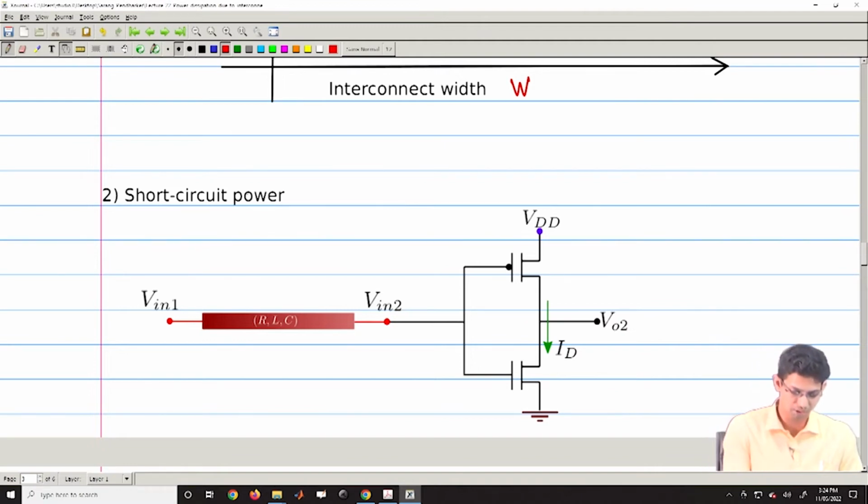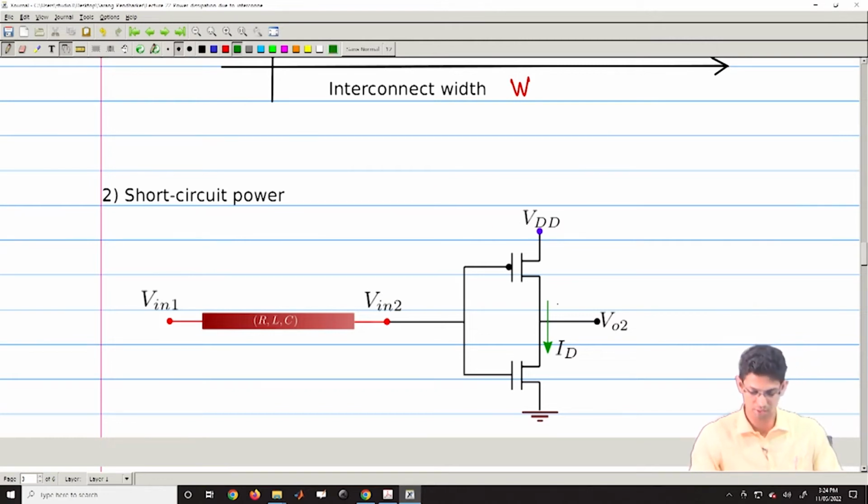So, what is short circuit power? So you have this VDD. Now, when you are turning this device from off to on or on to off, in that transient state, there is some current that flows through this. This is not leakage current, this is in that on to off transition, there is some current flowing through this.